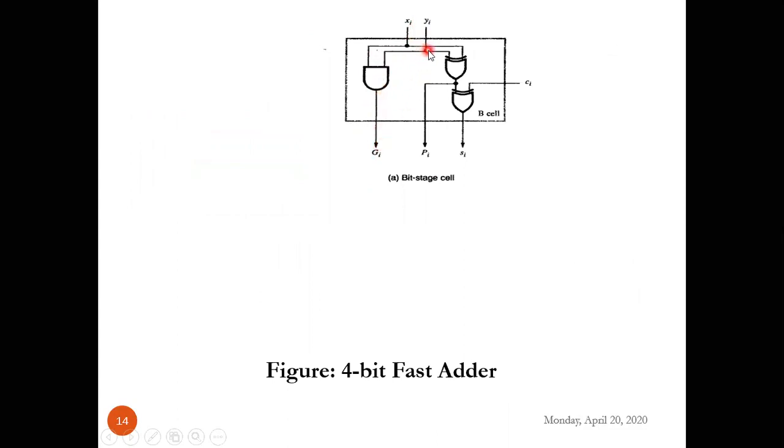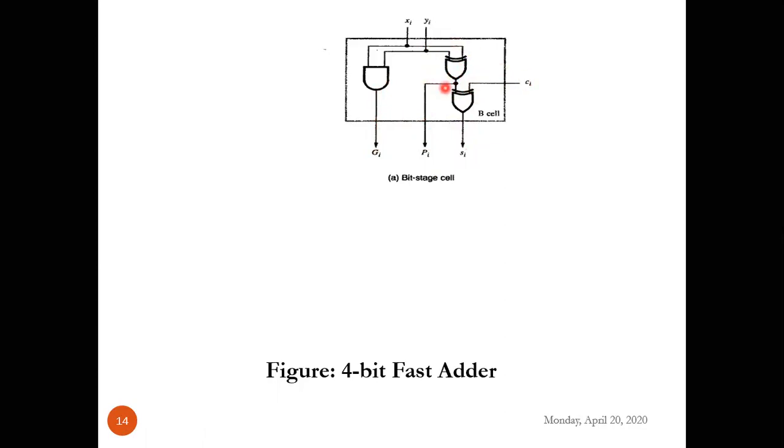Now to form Pi, instead of using an OR gate, I'm using an XOR gate because we learned that only for one combination the output differs, but that doesn't matter as Gi will produce the output as 1. So Pi is taken as Xi XOR Yi, and the same output is given to one more XOR gate along with the input Ci. So together my Si will be Xi XOR Yi XORed with Ci.